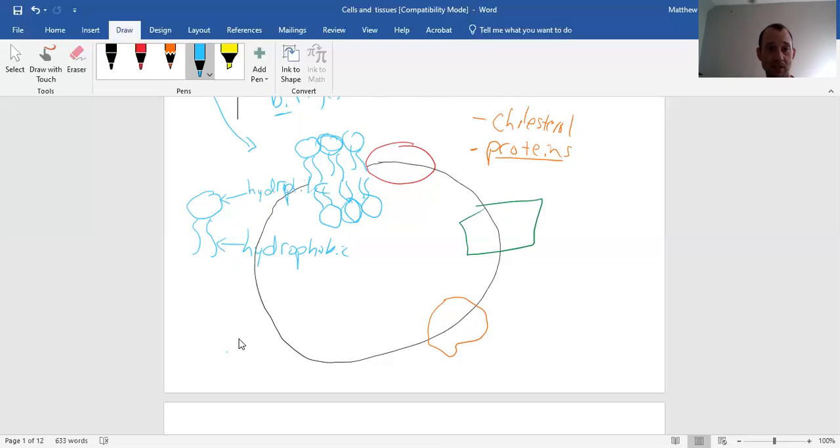So what that means is the heads for this are facing your ICF or cytoplasm, and the heads from this phospholipids are facing the ECF. So the hydrophilic heads of the phospholipids face your ECF and your ICF. The tails always face inwards.